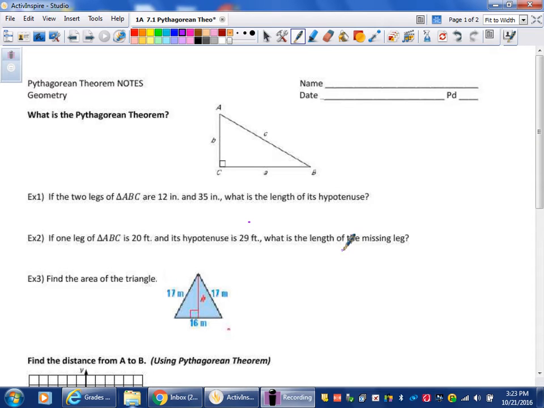Now the Pythagorean Theorem simply states that the sum of the squares of the legs of a right triangle are equal to the square of the hypotenuse.